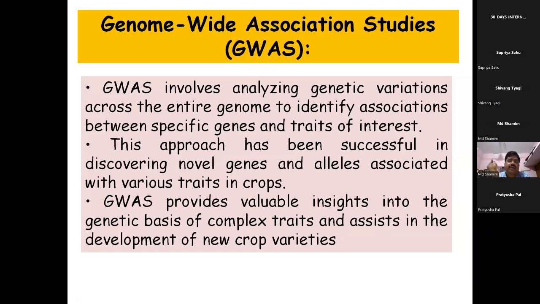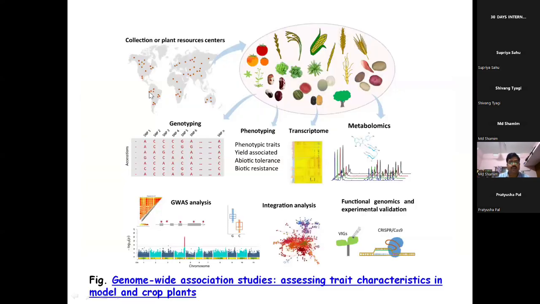We only collect a wide number of germplasms, then screen them phenotypically and genotypically, and we can search for the trait of interest, map it, and transfer that particular trait. This approach has been successful in discovering novel genes and alleles associated with various traits in crops. GWAS provides valuable insight into the genetic basis of complex traits and assists in the development of new crop varieties. These are the basic methods of GWAS, genome-wide association studies.